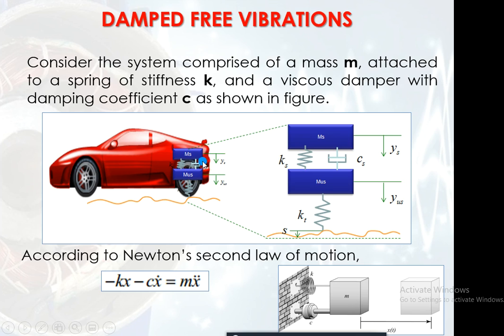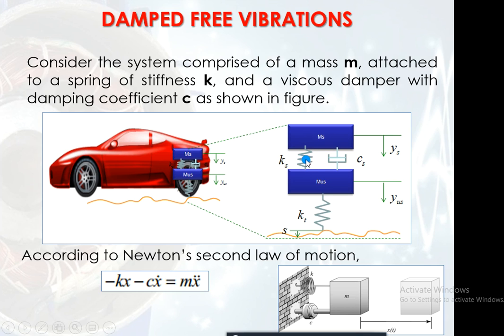So if we develop the block diagram of the rear suspension of the car, we will first of all draw a sprung mass. This sprung mass will include the mass of the body of the car and the IC engine. So this is the whole mass of the car excluding the suspension system.